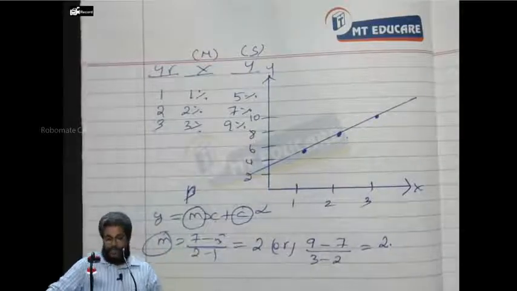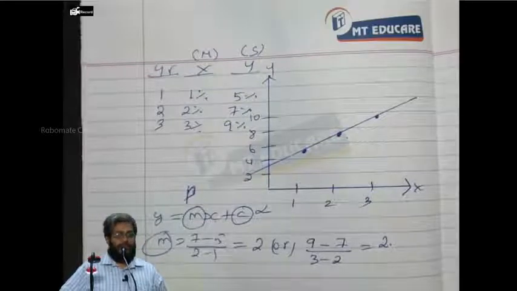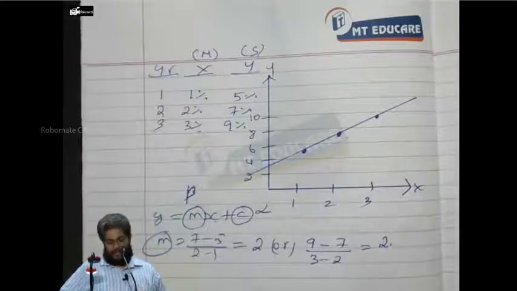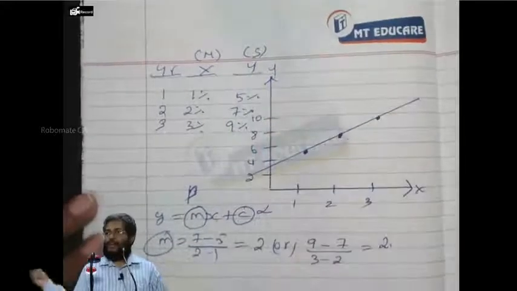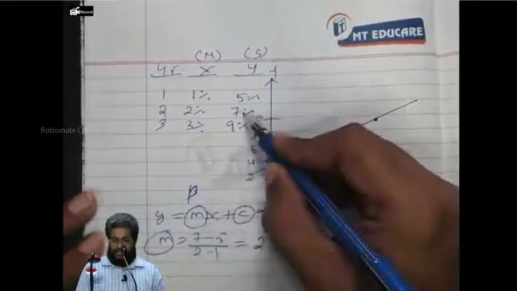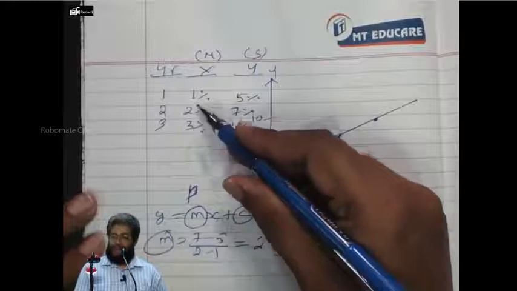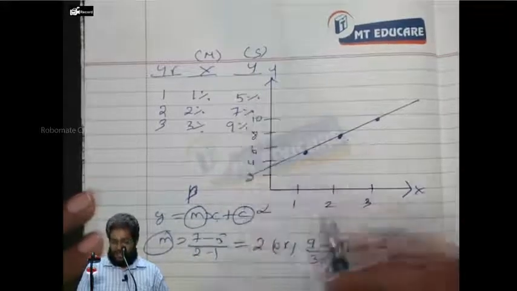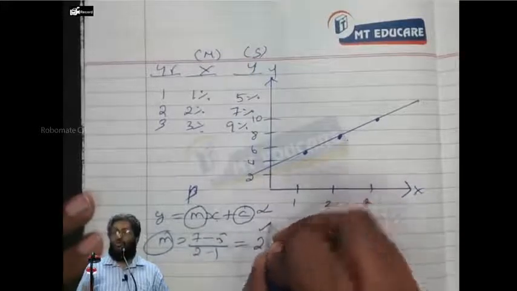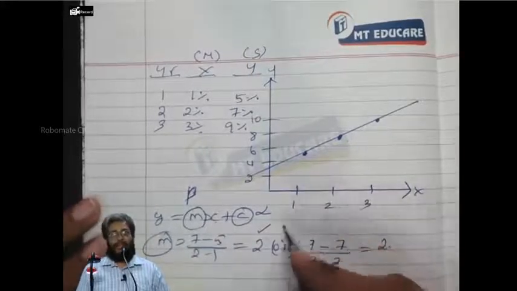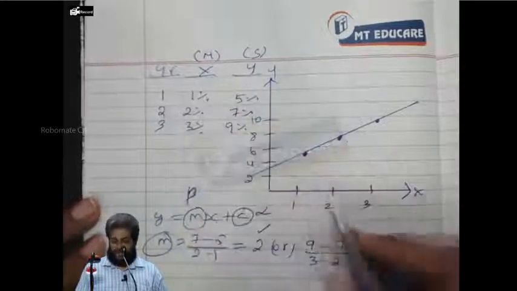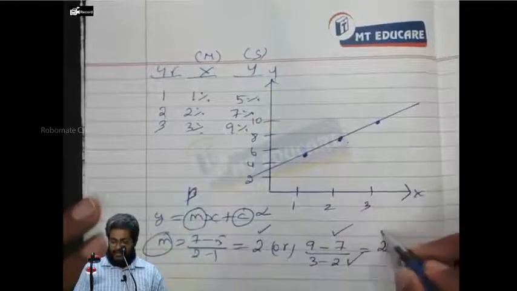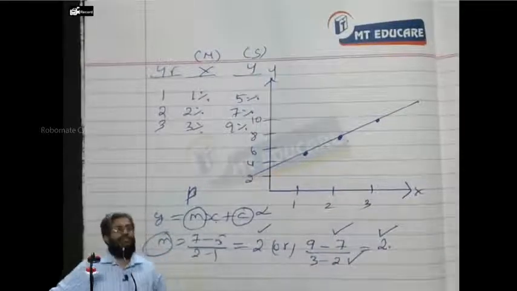Now, slope of the line beta is equal to 7 minus 5 divided by 2 minus 1, which is equal to 2, or 9 minus 7 divided by 3 minus 2, which is equal to 2.